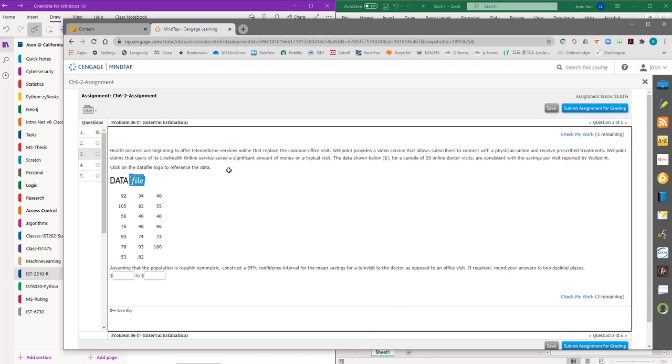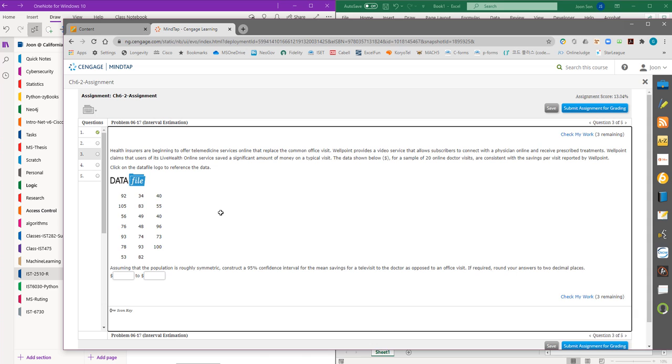WellPoint claims that the use of its LiveHealth Online service saves a significant amount of money on a typical visit. The data shown below, in dollars, for a sample of 20 online doctor visits are consistent with the savings per visit reported by WellPoint.